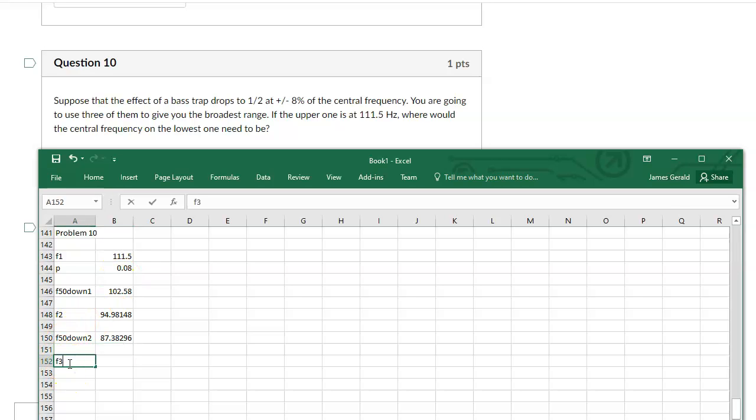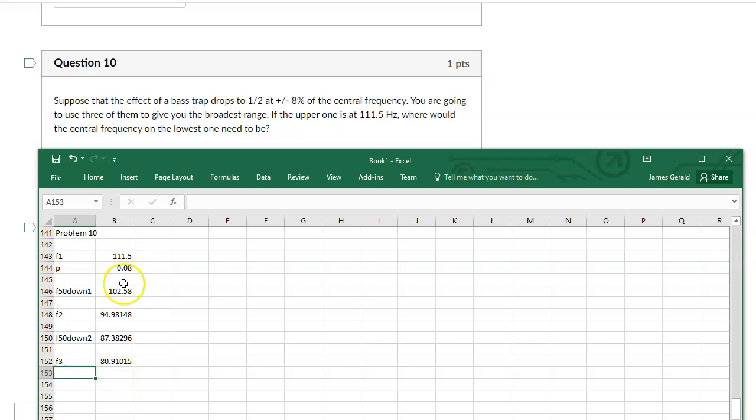And then F3 down. It's exactly the same thing we did before. To go from F3 to F50 down 2, we'd multiply by 1 plus P. So to go from F50 down 2 to F3, we divide by 1 plus our percentage that we're changing things. And that gets us down to 80.